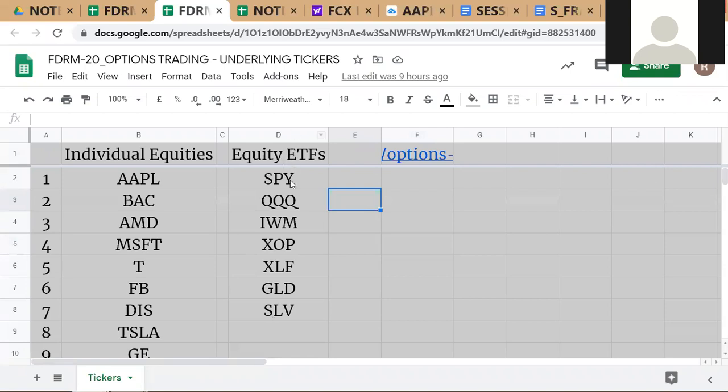But the point you have to understand is, why do I have this distinction between individual equities and equity ETFs? As you can see here, this is Apple, Bank of America. If anybody has a question, just interrupt me and ask, because I'm not always able to see who has raised his hand.